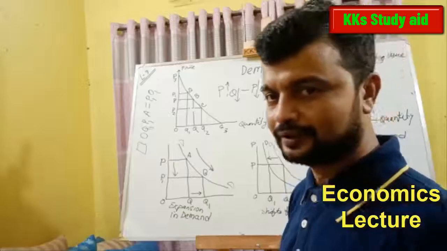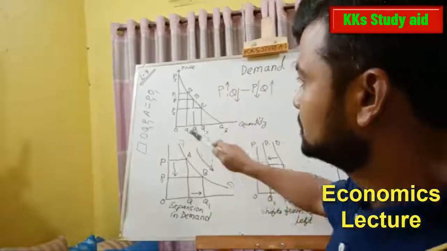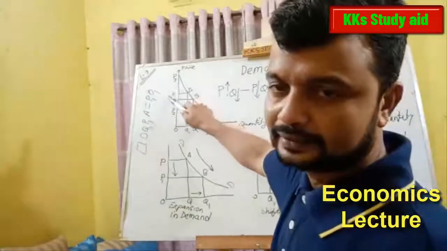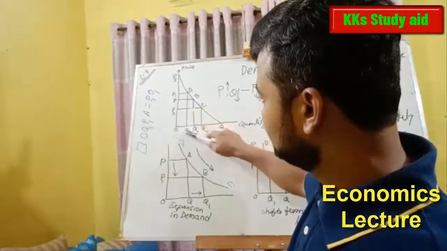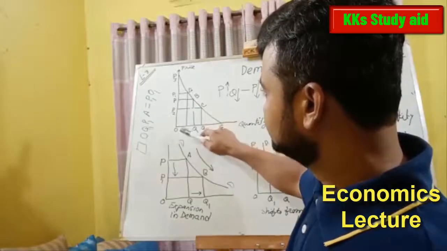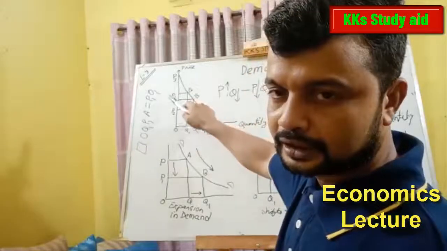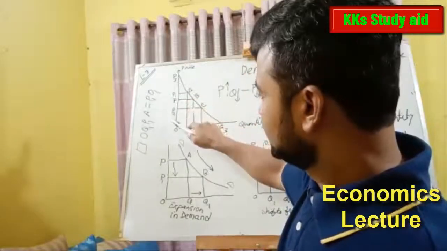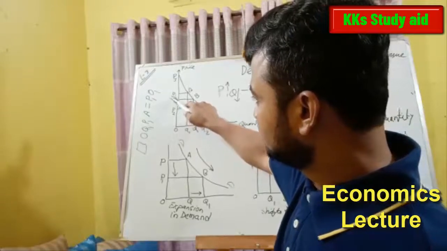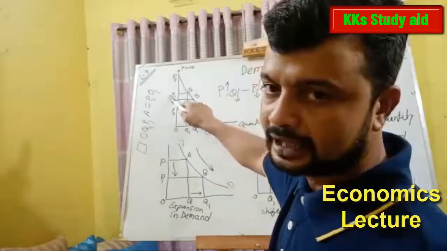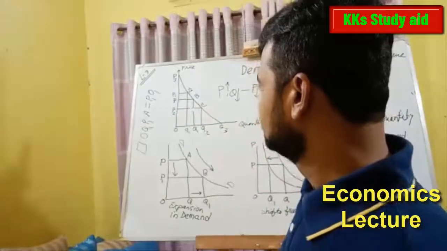Or in other words, the demand curve shows the highest price a consumer is willing to pay for a certain amount of a commodity. Like when the price is P1, the consumer is ready to pay price P1, and it would be his highest price for the quantity Q1.